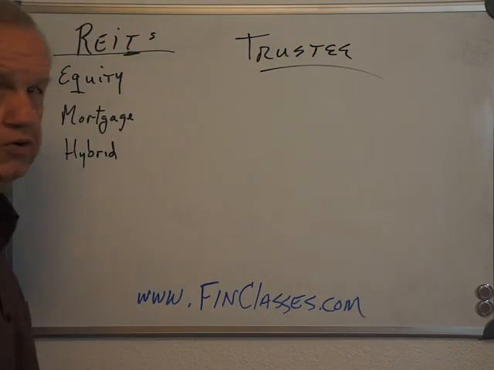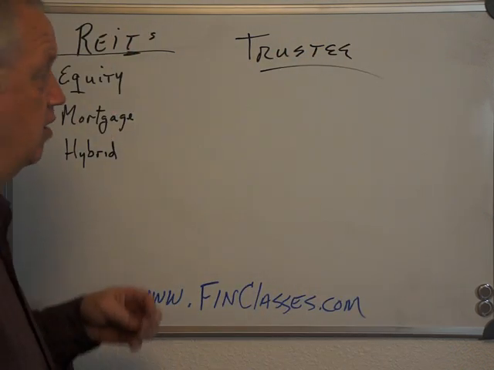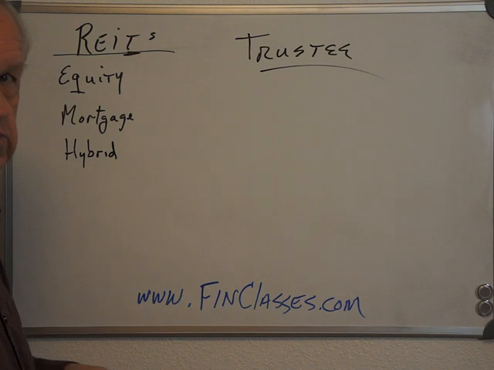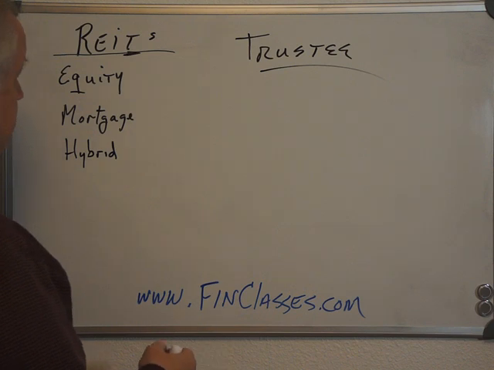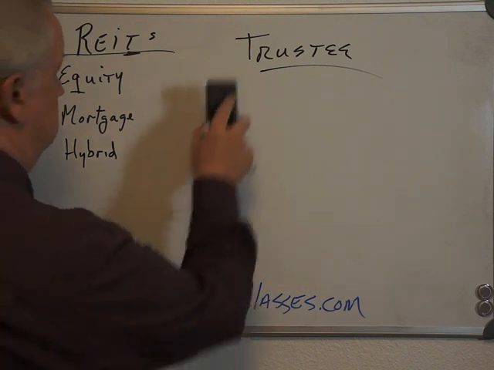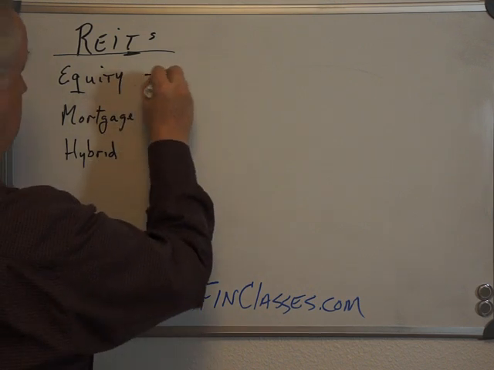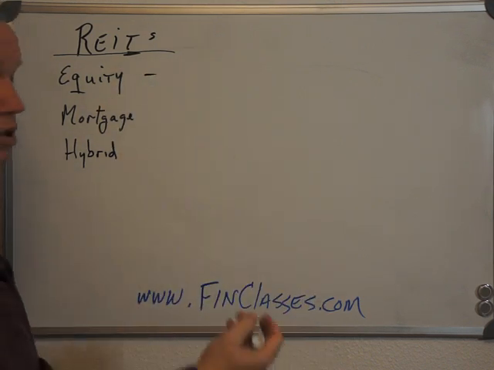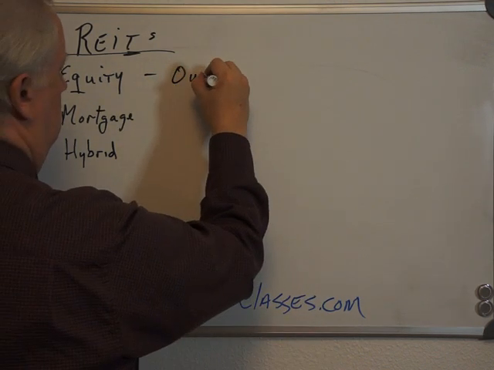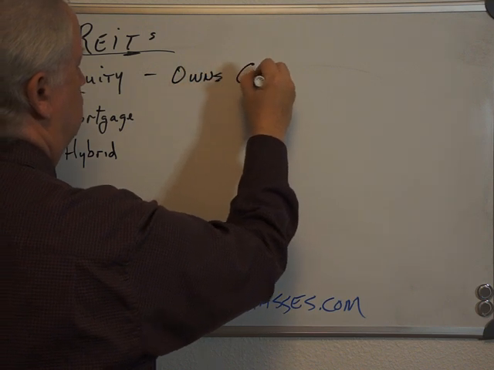Doesn't have a board of directors. It's managed and operated by trustees. There's 3 types. And what they're doing is they're investing in real estate in some format. An equity REIT owns commercial property.